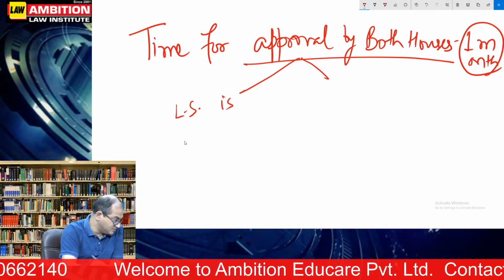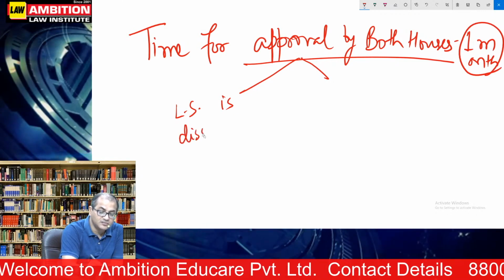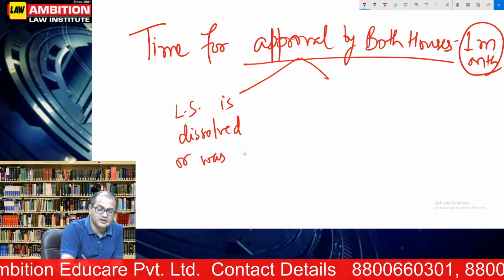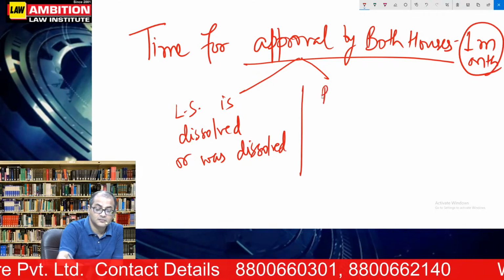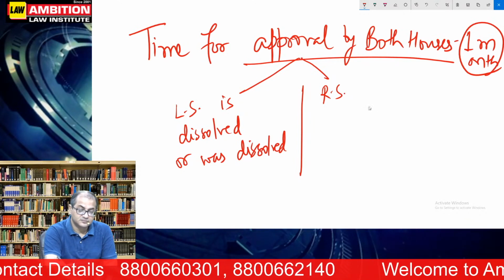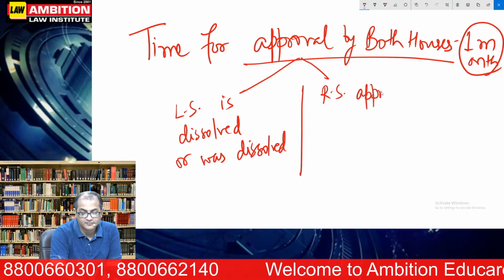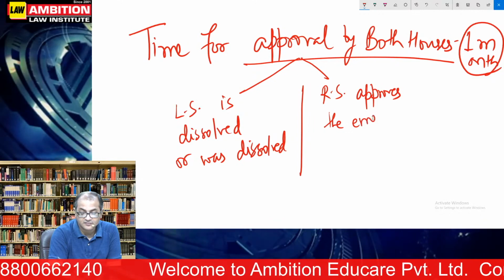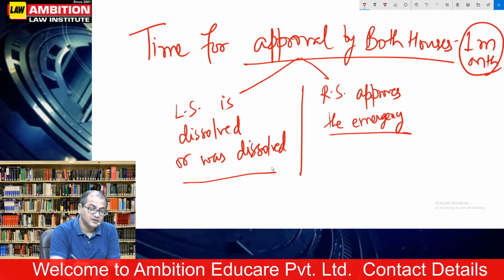Lok Sabha is dissolved or was dissolved earlier, and Rajya Sabha approves the emergency. Then what will happen?